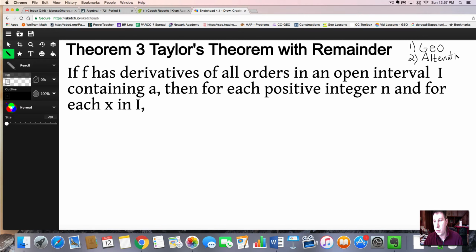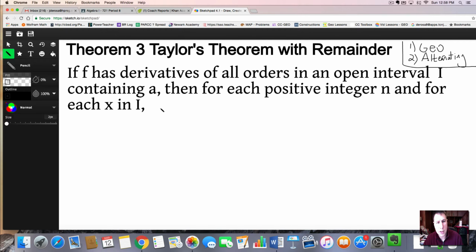If you have either one of those, a geometric series or an alternating series with certain criteria, you can use those ways of bounding the error. But if you just have some general formula, a Taylor polynomial, and you don't have a specifically geometric or alternating series, then you're going to need to know about Taylor's theorem with remainder. And here's what it says. I would copy this down into your notes packet if you haven't already.